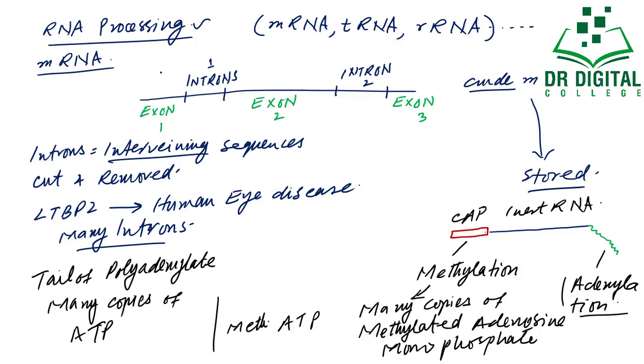When processing is to be done, their introns are cut and removed. Okay, so how is that done? Now if you look at this, this is here RNA, this is one intron, this is one intron.